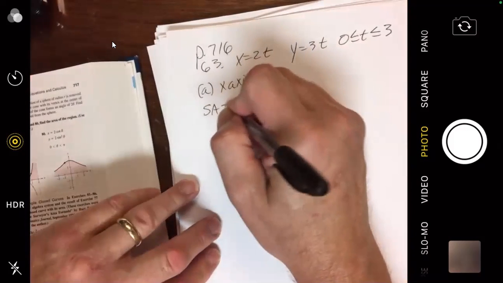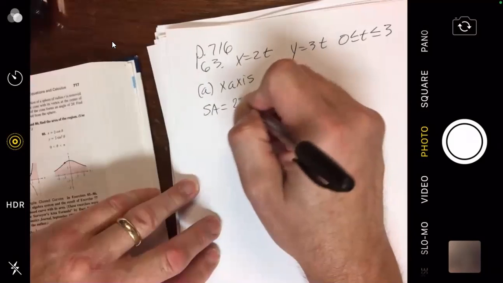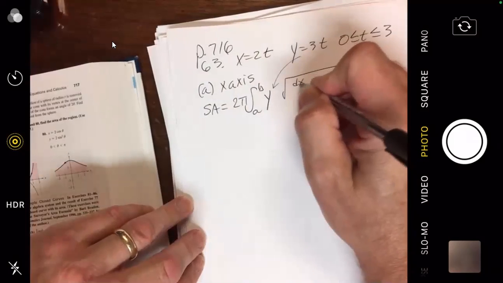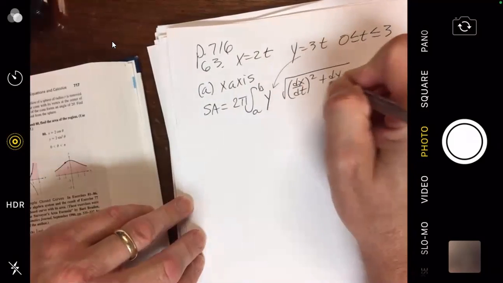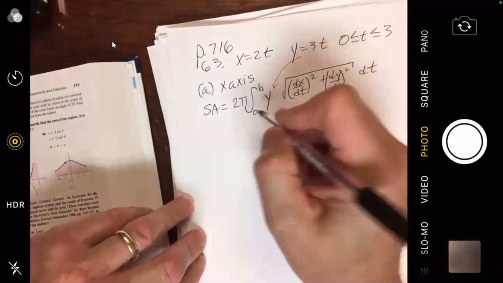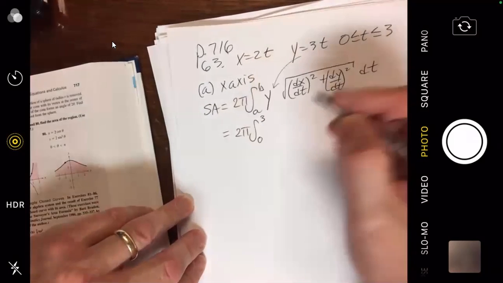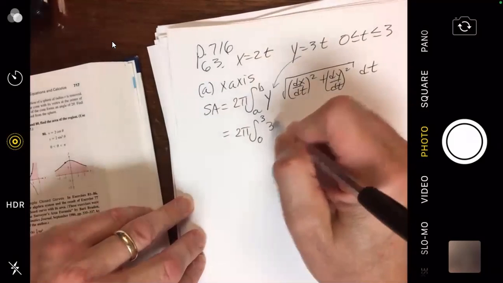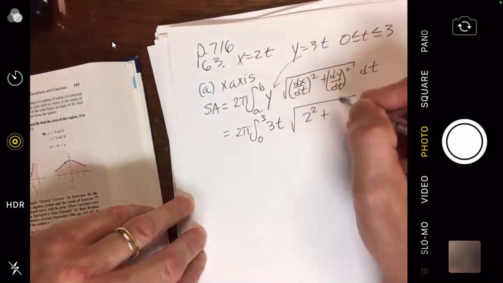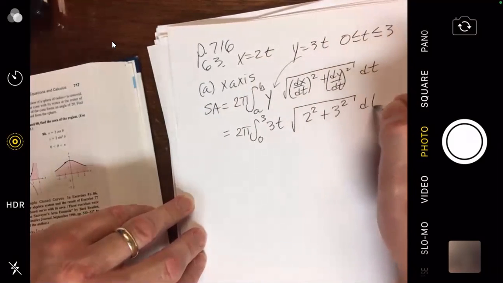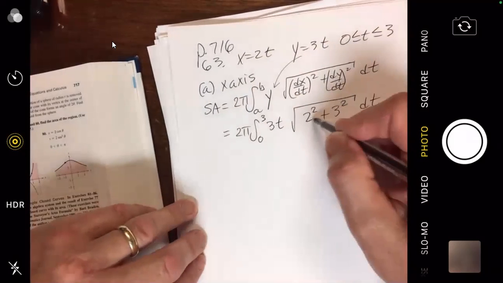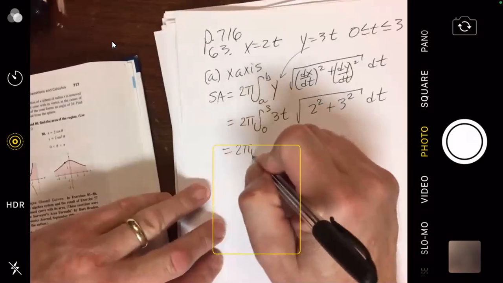So that's surface area equal 2 pi integral from a to b of, again, y, that's direct y, square root dx dt squared plus dy dt squared dt. So you get 2 pi integral from 0 to 3 of 3t. Big square root dx dt is 2 squared, dy dt is 3 squared dt. Again, this is just a front coefficient, square root of 13, just like the last problem. So that's 2 pi square root of 13.